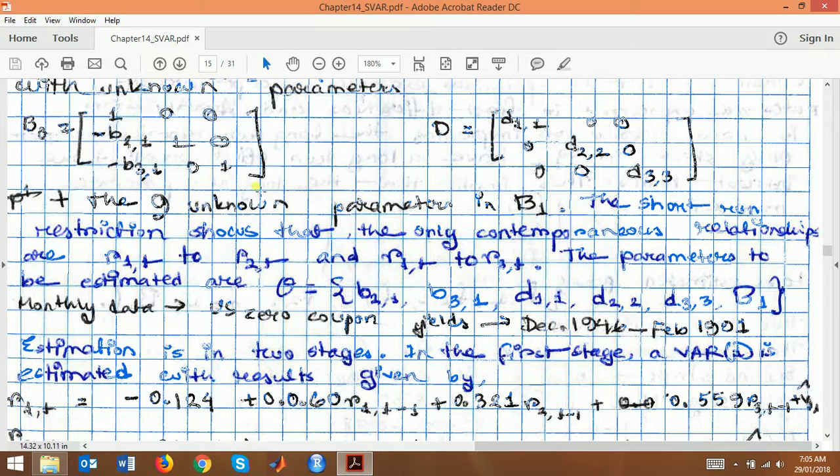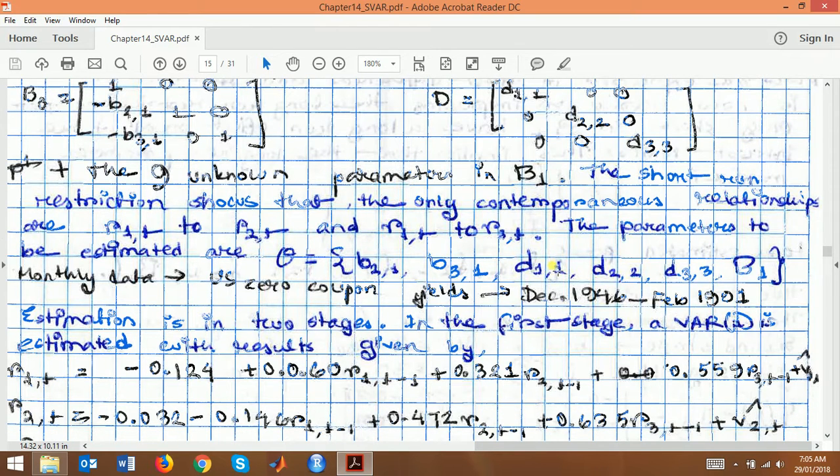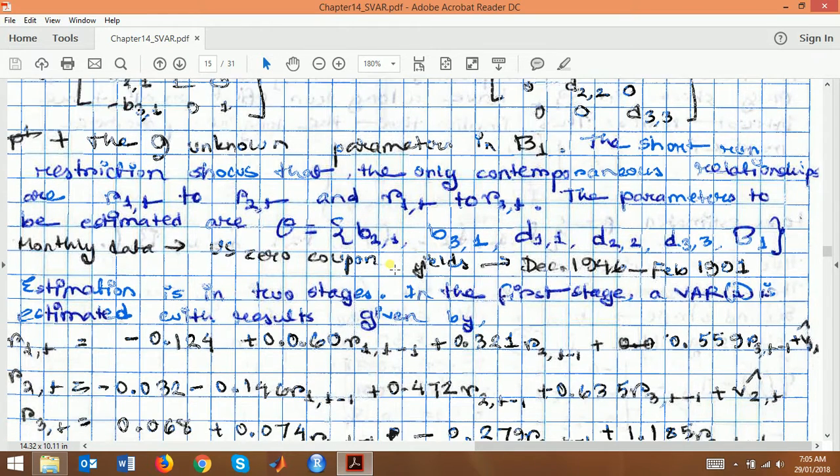So there is no contemporaneous relationship between R2t and R3t. That's why this part is 0 here. The parameters to be estimated are beta 2, beta 3, D1, D2, D3, and beta 1. It's very simple because we have 3 parameters, 3 squared is 9. That's all you need to remember.